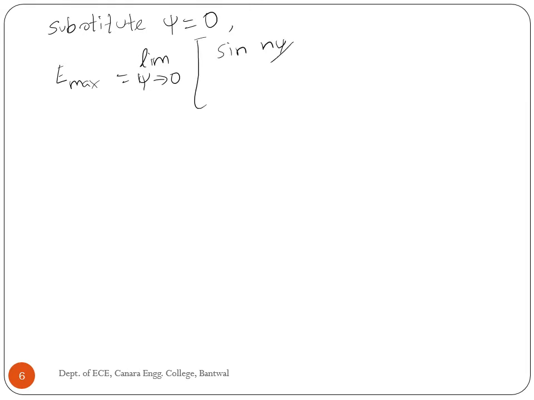If we substitute xi equal to 0, we get intermediate form, that is limit xi tends to 0 of sine of n xi by 2 divided by sine of xi by 2. Therefore, E max is equal to n.